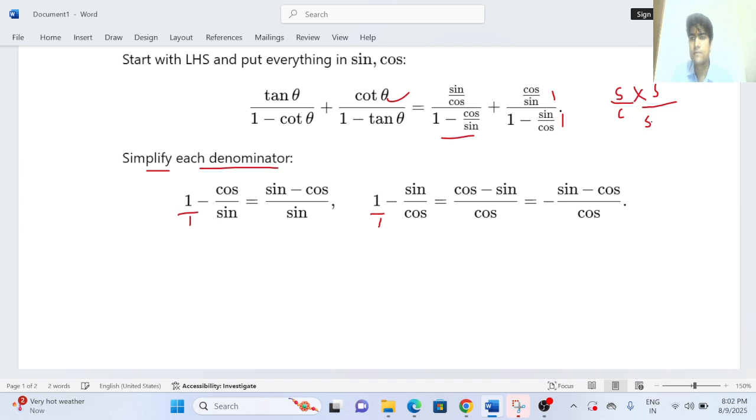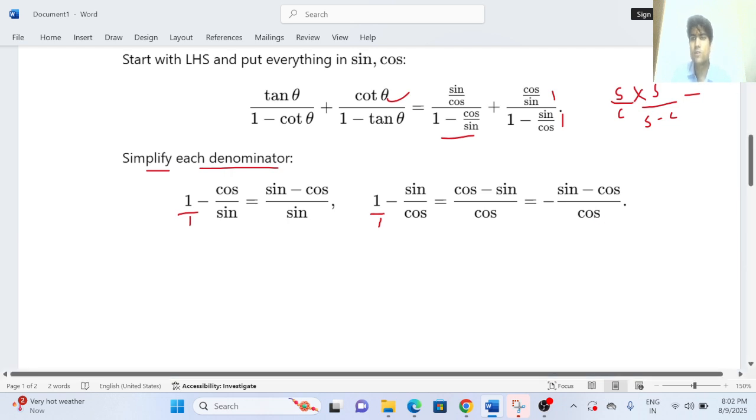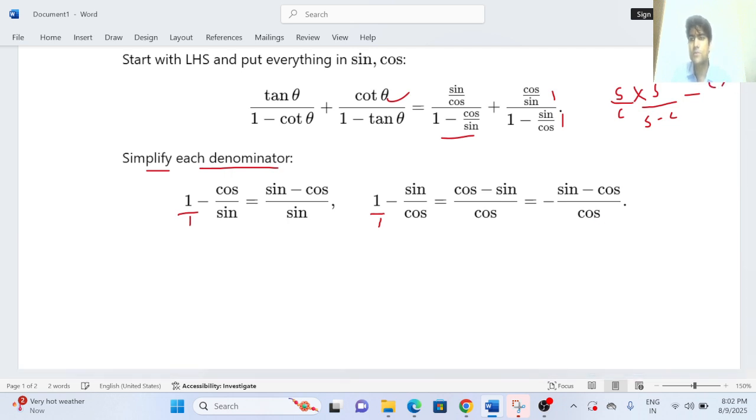Since you have a plus sign here but have changed the sign, it will be minus here, and then cos goes up, so that becomes cos into cos, and on the denominator side we get cos minus sine.